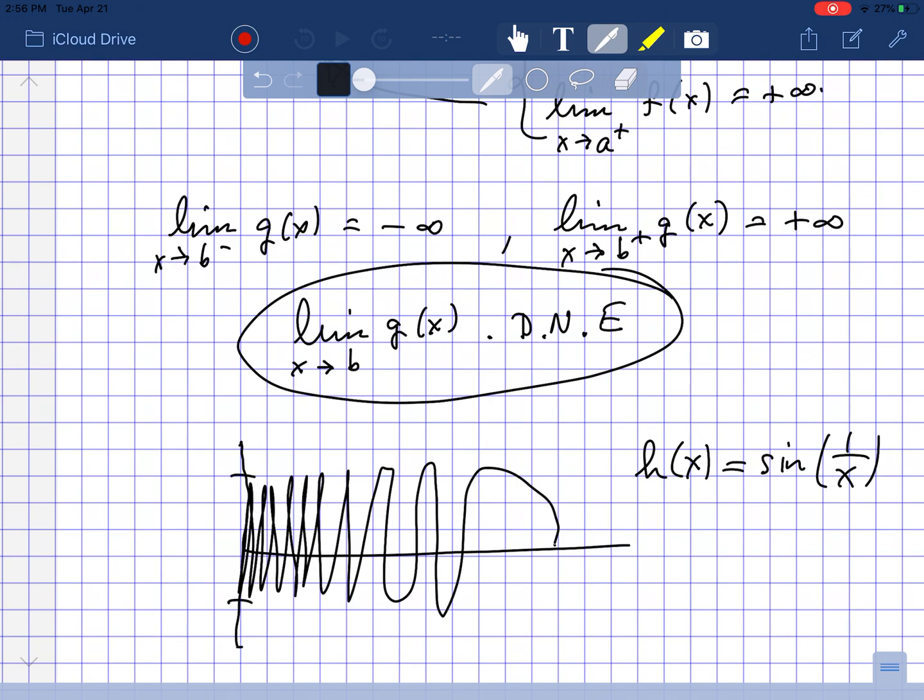It's getting closer and closer to every value between -1 and 1. And we said that in this case, where we have this wild oscillation, if I look at the limit as x goes to 0 from the right-hand side of h of x, this limit does not exist. All right?